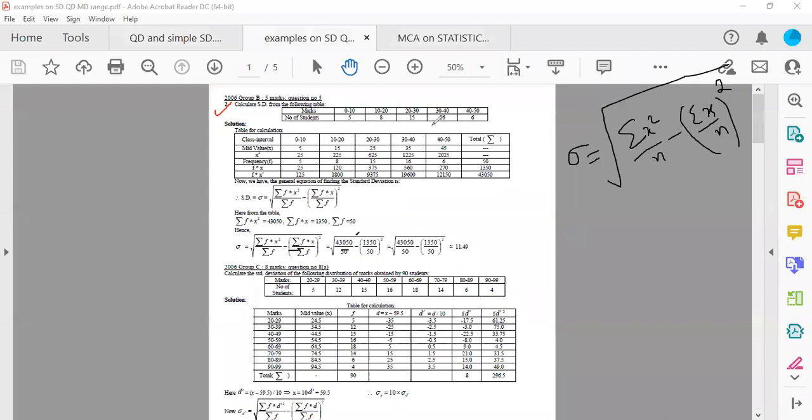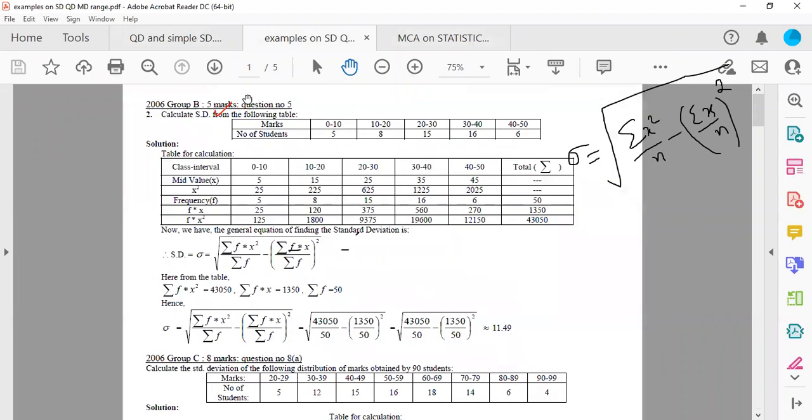Here marks entries are given like 0 to 10, 10 to 20, they are x. Since this is a continuous case, first of all we have to find the mid value.